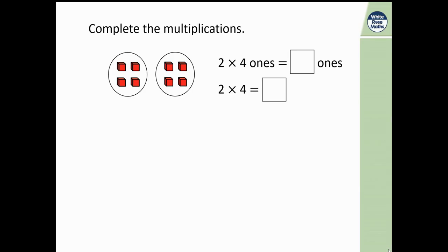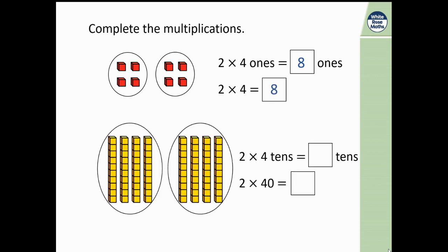So complete the multiplications. Again, I've got 2 groups, and in each group I've got 4 ones. So I can write that as 2 multiplied by 4 is equal to 8 ones. 2 multiplied by 4 is 8. Right, I can use that knowledge now if I'm talking about tens.